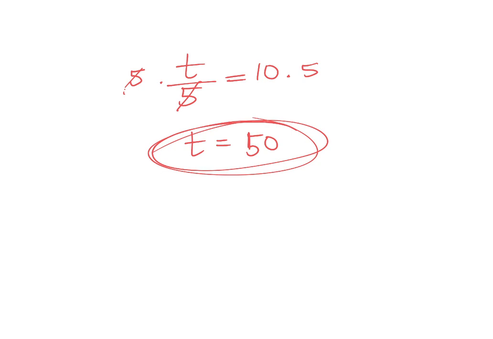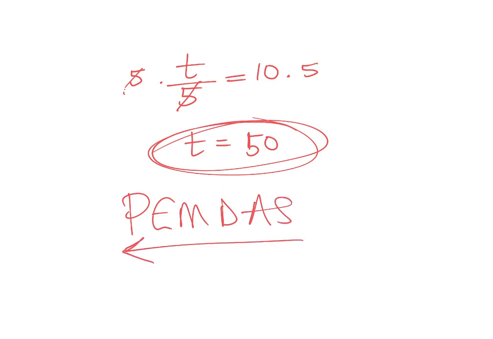There are times where we have multiple steps that we have to get through. We might have to add and then do other things. So this is what's interesting. You've learned about PEMDAS. When you're solving equations, you go backwards. You don't do PEMDAS, you go the other way. So for example, x over 4 plus 12 is equal to 6.